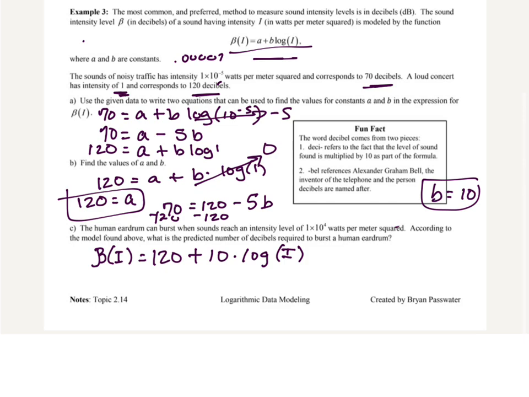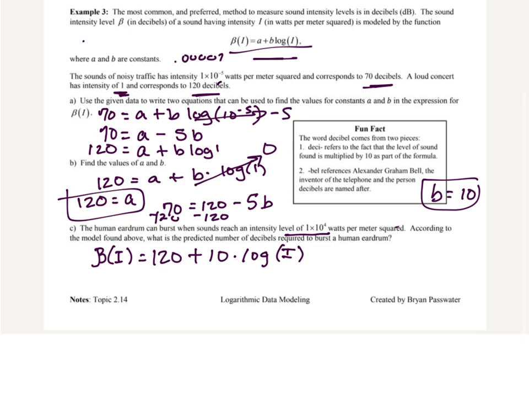According to the model, what is the predicted number of decibels required to burst a human eardrum? So what are we solving for? We're solving for Y, decibels, when X, the intensity, is what? 1 times 10 to the 4th.